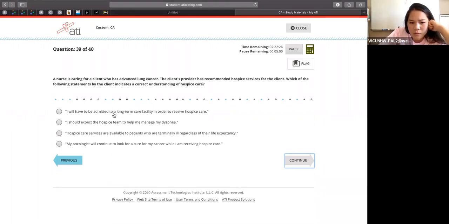Oh no, wait, to a long-term care facility in order to receive hospice care. B: I should expect the hospice team to help me manage my dyspnea. C: Hospice care services are available to patients who are terminally ill regardless of their life expectancy. D: My oncologist will continue to look for a cure for my cancer while I'm receiving hospice care.